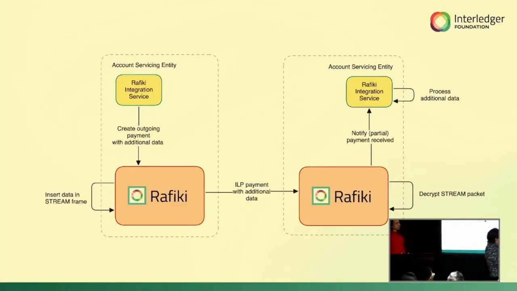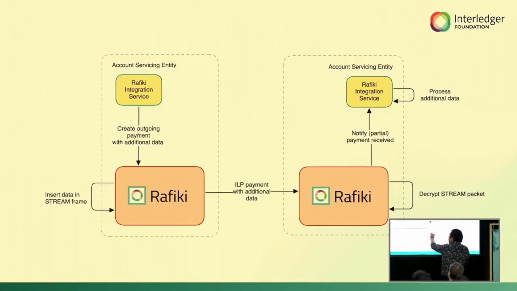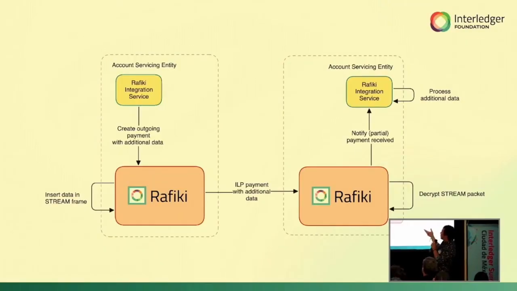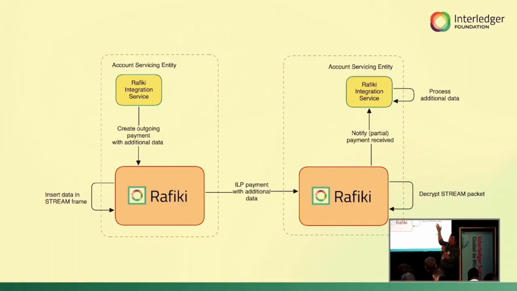Then it just goes all the way across to the receiver, where it takes a step to decrypt that packet, extract the now unencrypted data, and then pass it along to the integration service. So in the context of, say, KYC, it'll pass this along to the integration service, and then it can do whatever checks are necessary in order to verify that this KYC data is valid.